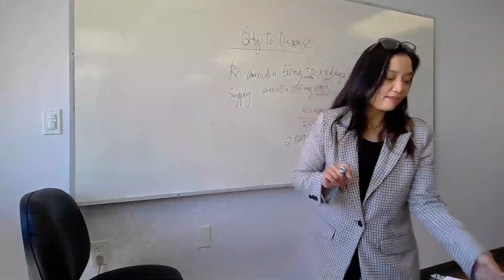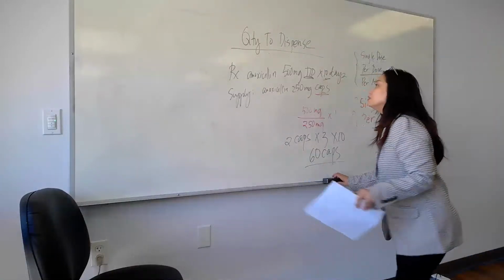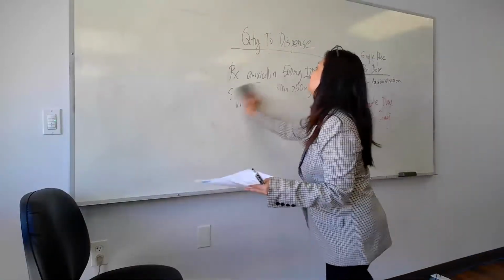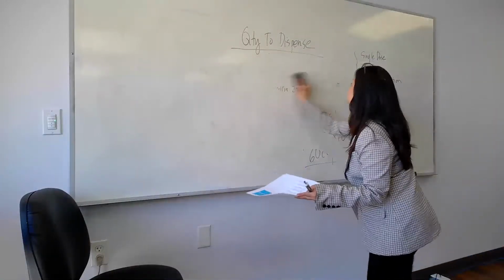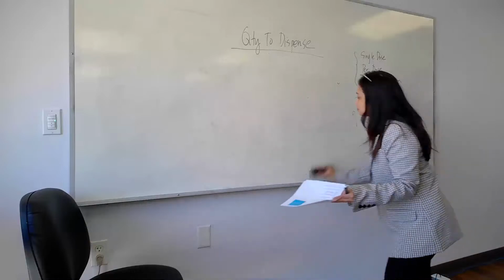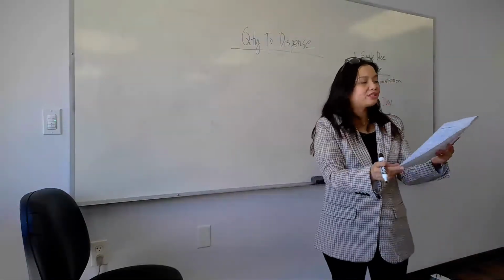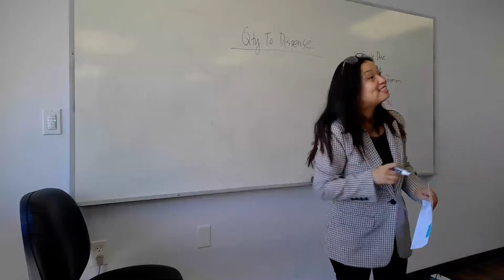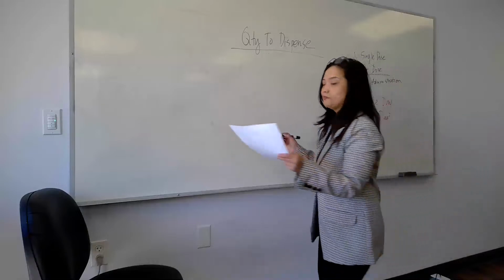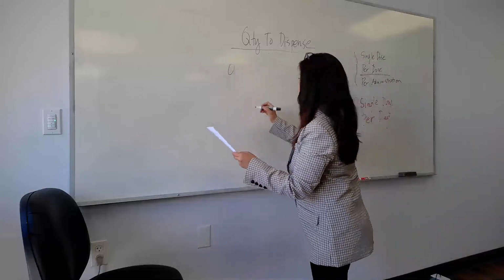Let's do number 5. I don't like using the D over H times Q. Why? It's confusing. I like using ratio and proportion once I see it's in liquid form. So let's do this.